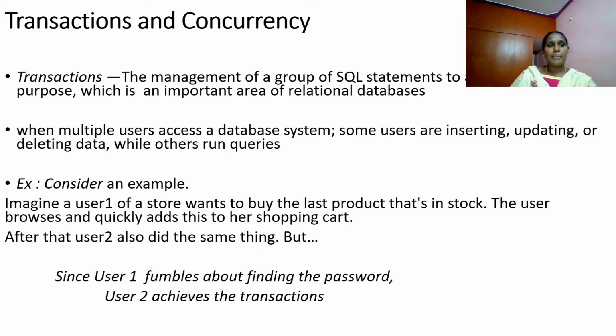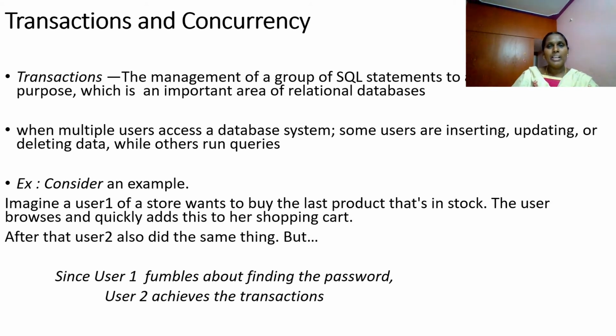Consider an example. Imagine two users want to buy the same product, which is the last one in that shop. They are trying to buy it in online shopping. First, user 1 tries to buy that product. He added that product to his shopping cart.